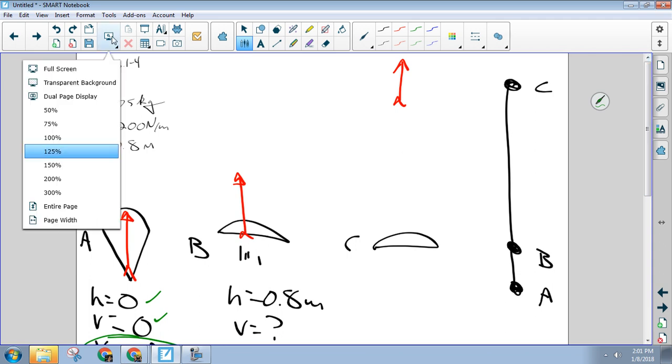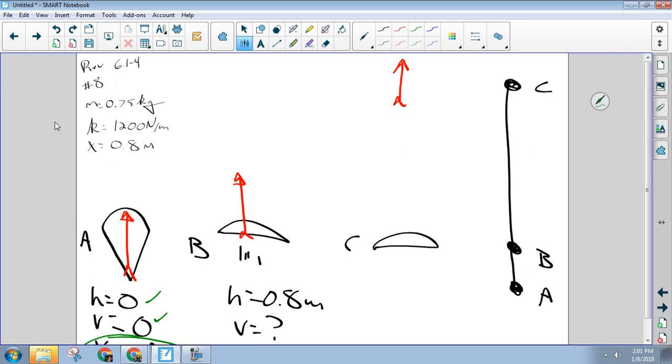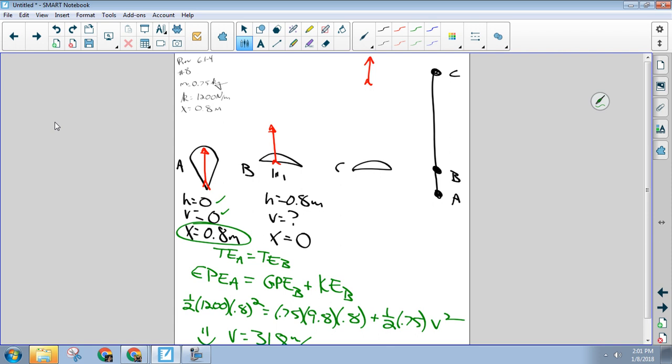So at point C, what type of energy do we have, you guys? All GPE, right? And what should be true about that total energy? Should be the same as it was in A and B, right?